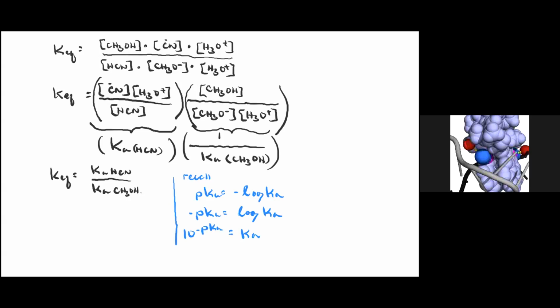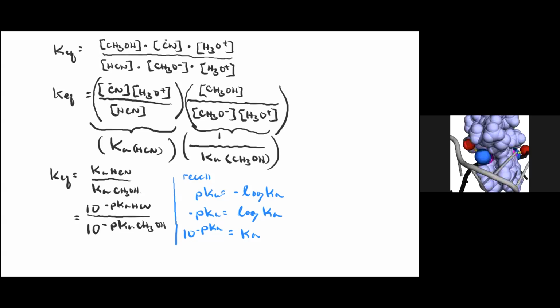And so I can simply replace the Ka values with the pKa values. So I have 10 to the minus pKa of HCN over 10 to the minus pKa of methanol.